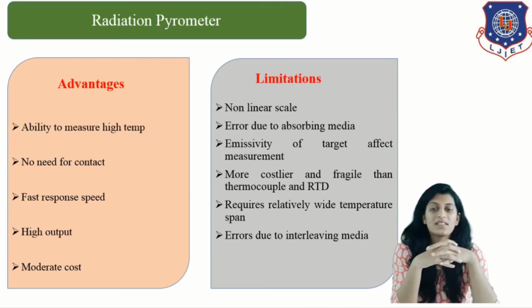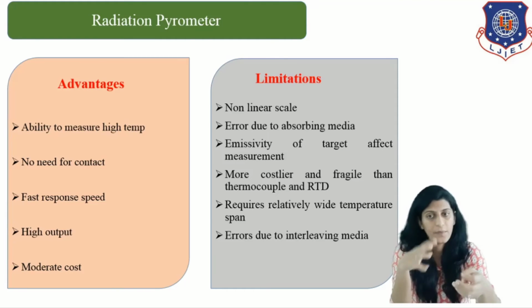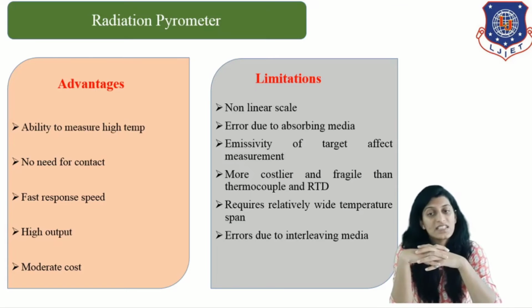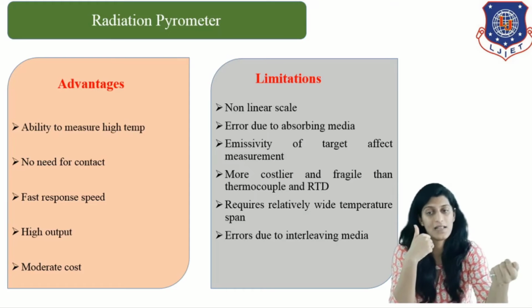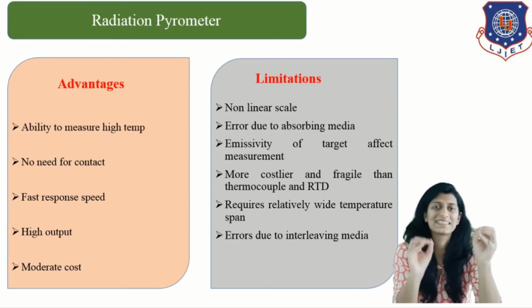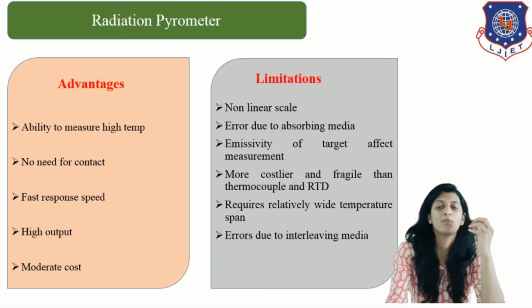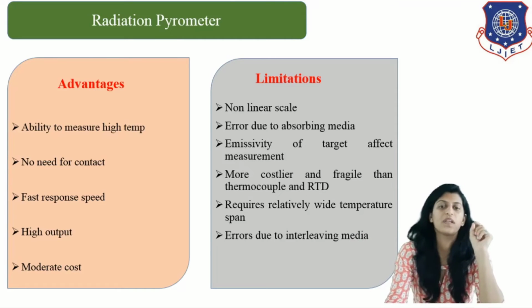Second advantage is we don't need to do direct contact. Third advantage is fast response and speed, because it is giving you instantaneous results. High output, because it is giving us exact data of temperature, and moderate cost. It is quite reasonable.